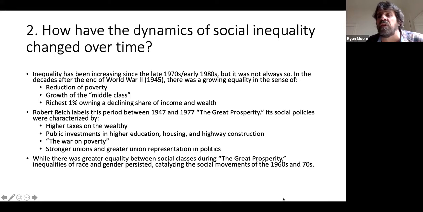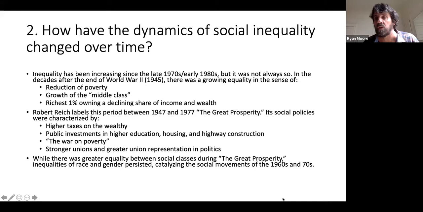But this was not always the case. There is this period after World War II, which ends in 1945. And from about 1945 until the mid to late 1970s, there was a period of about 30 years of growing equality. That doesn't mean that everybody was living in a socialist, egalitarian society, but it does mean that the trends were going the other way.